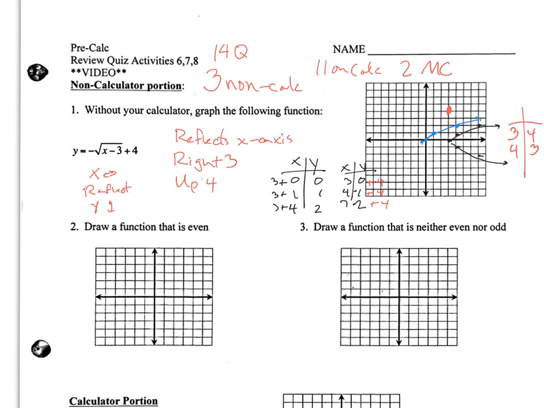Remember, we're going to move it up here, so it's going to be that same pattern. And then we're going to have 7, 2. So we're over 7, up 2. So this red one is the final graph.